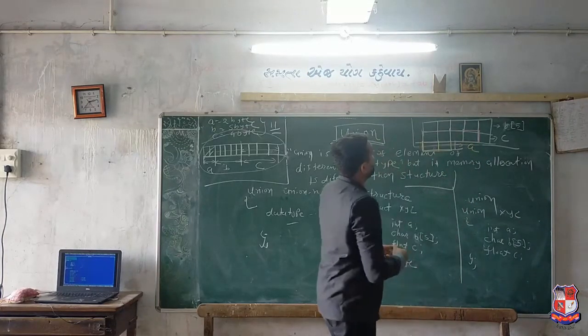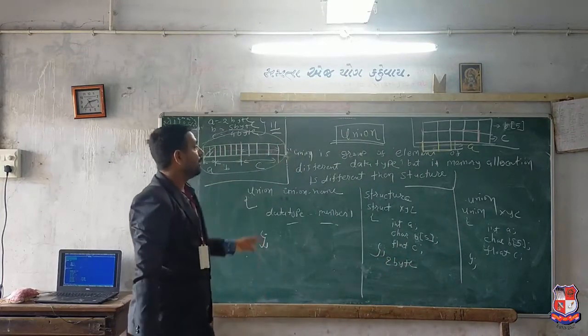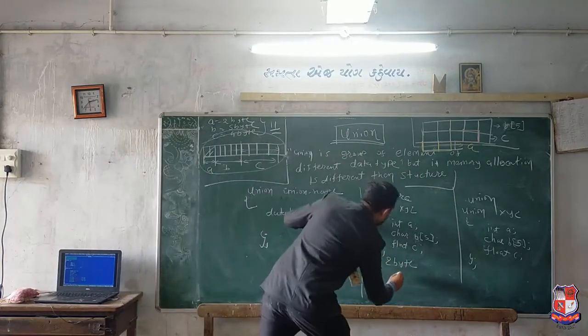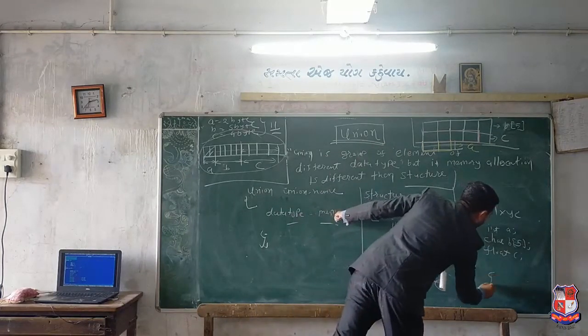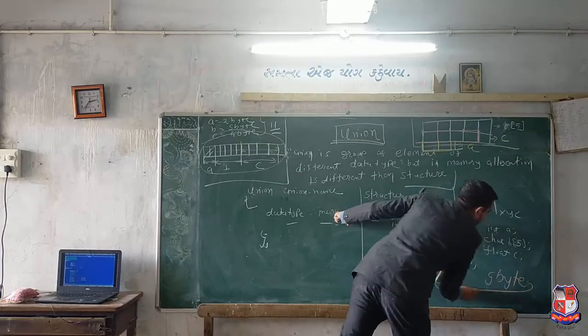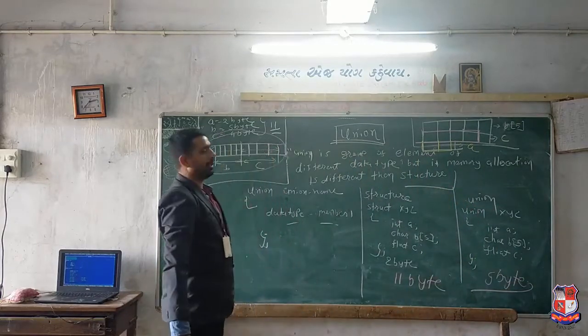So maximum 5 bytes are used in the union. So in such a way, here we use 11 bytes and here we use only 5 bytes. That is the difference between union and structure.